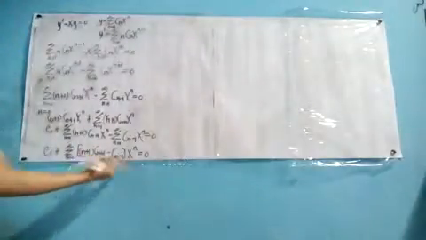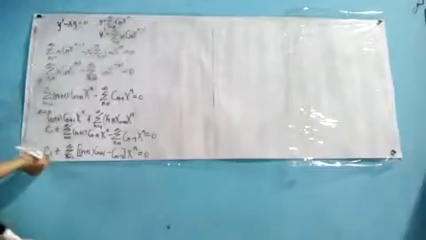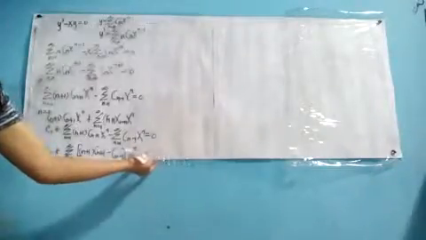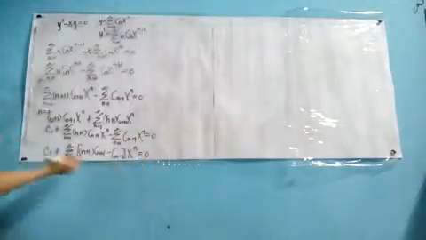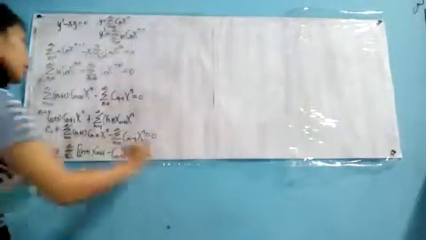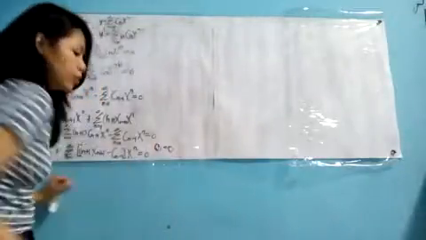Since there is no constant on the right hand side of the equation, we can say that c1 is equal to 0.